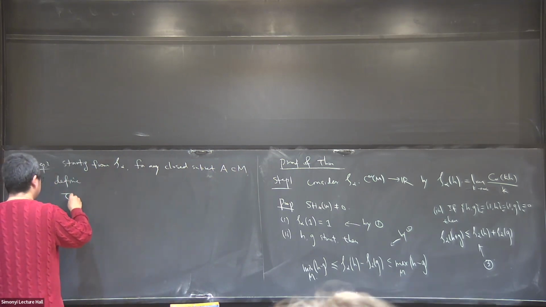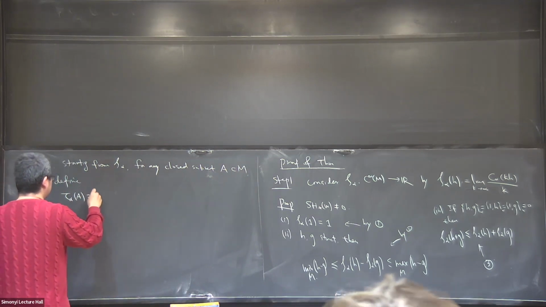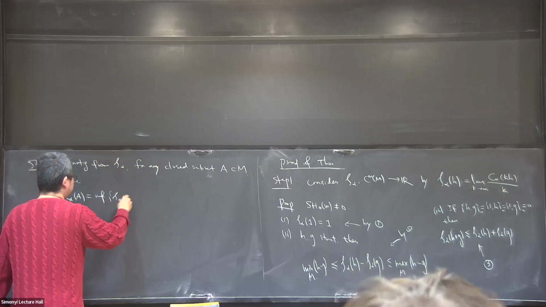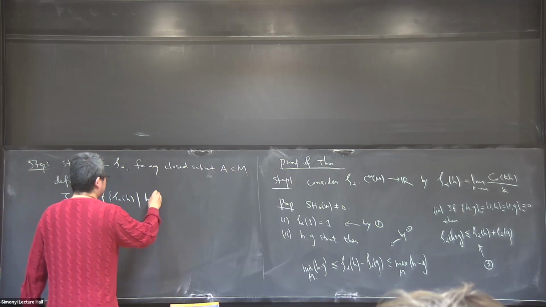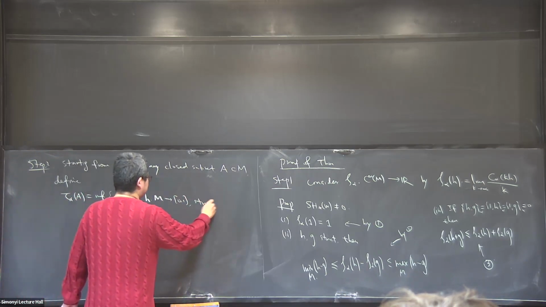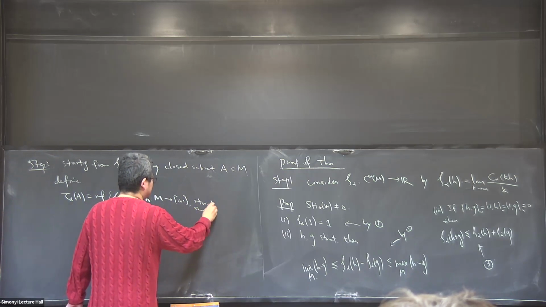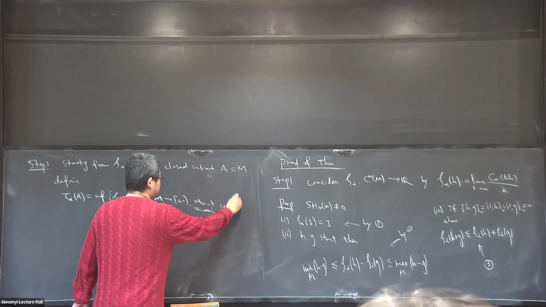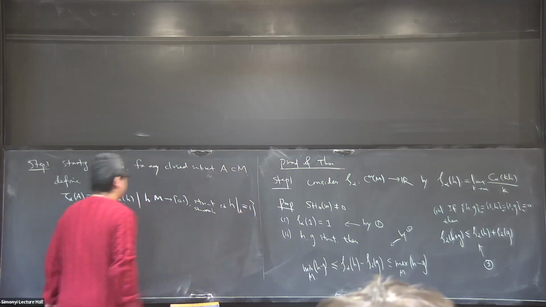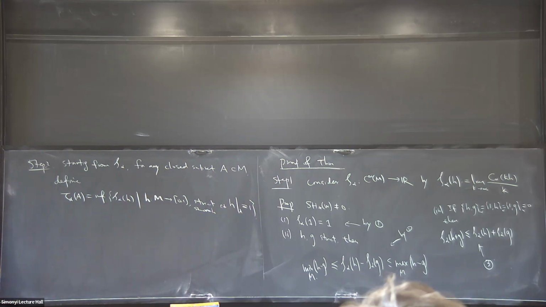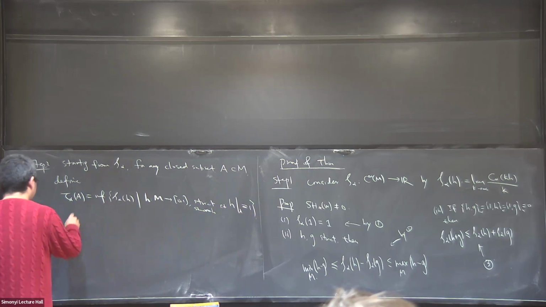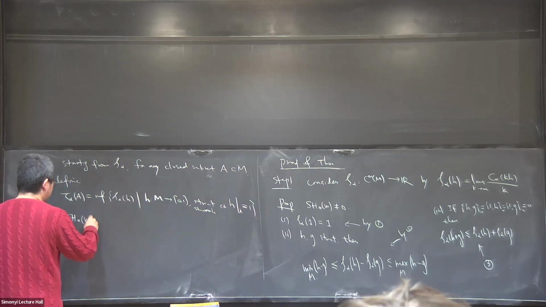Tau alpha A is the infimum of all the values of zeta alpha H, where H is from M to [0, 1], strict and also smooth, such that H restricted to A is constant. Then, by the properties that we have, it's not zero.